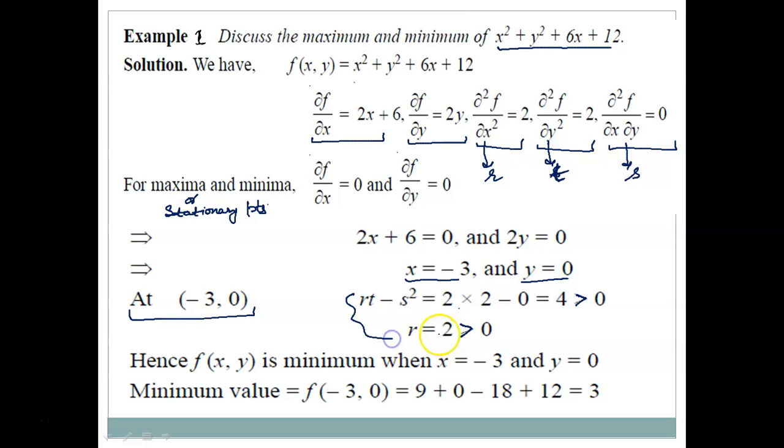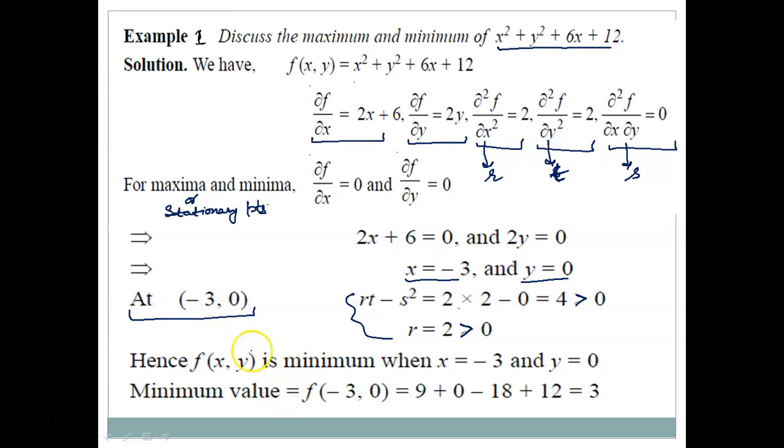Now when you look at the conditions, rt minus s square is greater than 0 and r is greater than 0. That means the function f of (x, y) has a minimum when x is minus 3 and y is 0.